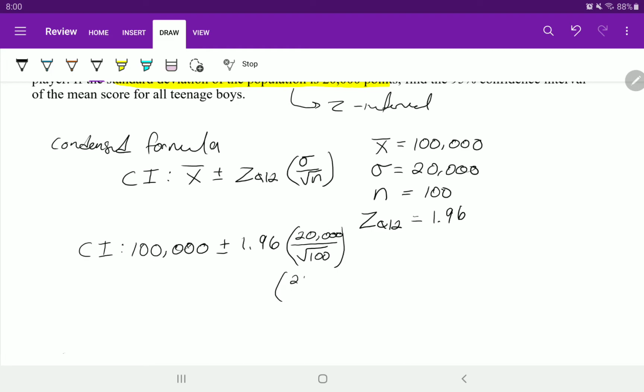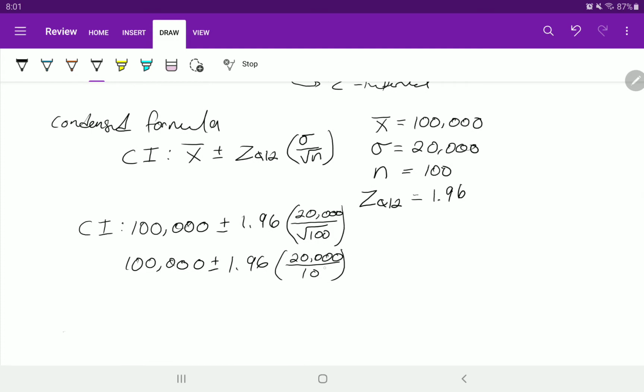So 20,000, the square root of 100 is going to be 10. 20,000 divided by 10 is 2,000.